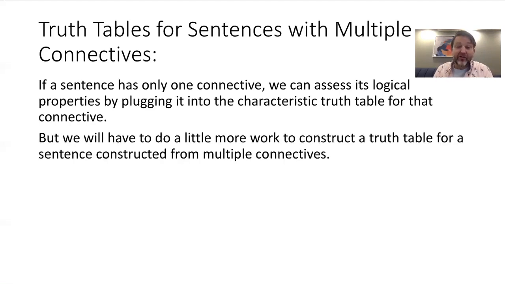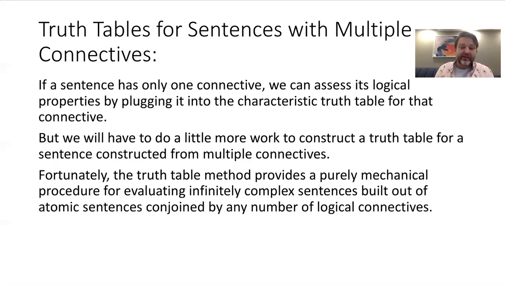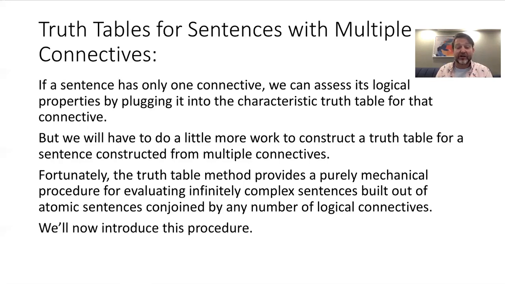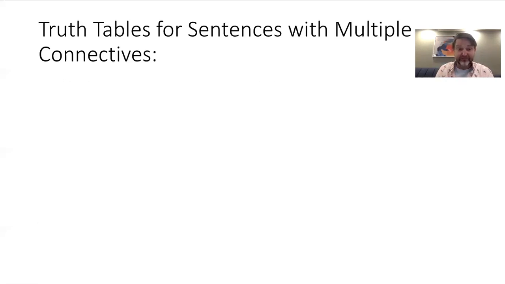But we'll have to do a little more work to construct a truth table for a sentence constructed from multiple connectives. Fortunately, though, the truth table method provides a purely mechanical procedure for evaluating infinitely complex sentences built out of atomic sentences conjoined by any number of logical connectives. And so we'll now introduce this procedure.